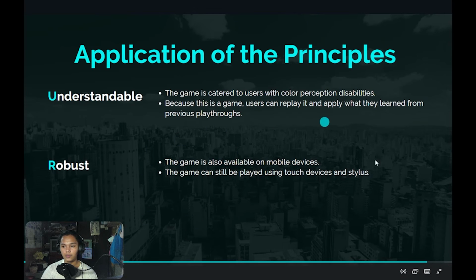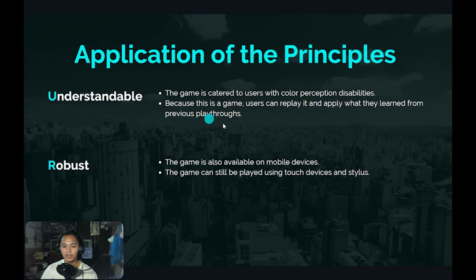As you play the game, you get more familiar with the colors you use, how colors are being complemented with each other, being analogous with each other, something like that. And for robustness, the game is also playable on mobile devices and other browsers.